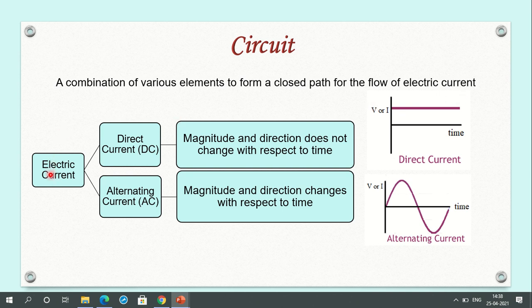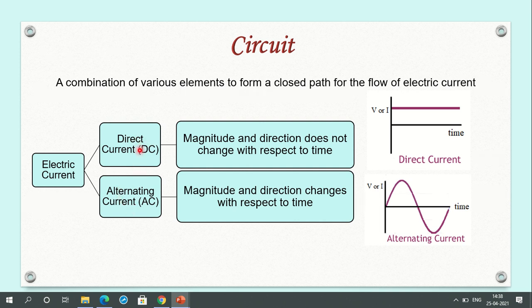Now electric current is of two types. We can divide electric current into two types. First one is direct current, abbreviated as DC, and the next one is alternating current, abbreviated as AC. What is the difference between direct current and alternating current?